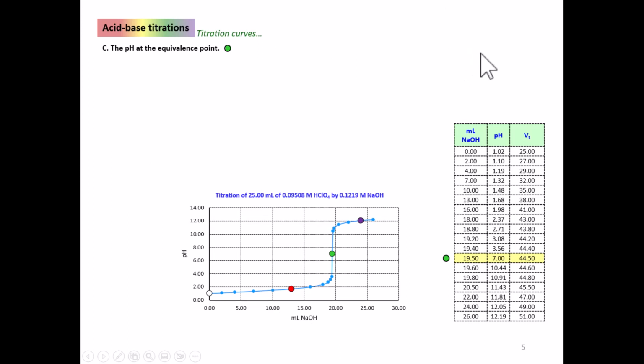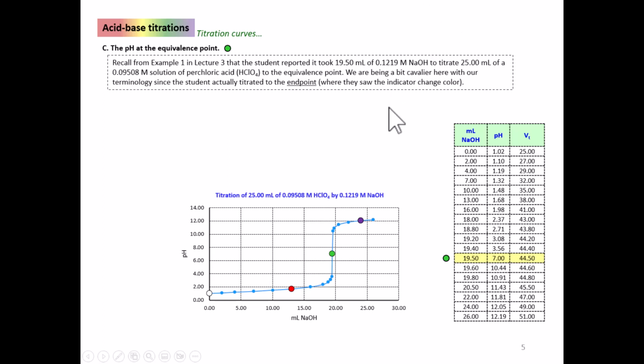Well, now we've reached the third point that we've chosen to highlight, the equivalence point. Yes, we know the pH is 7. Let's look at this in a little more detail. You recall that this example, which was covered in lecture 3, example 1, took 19.5 milliliters to reach the equivalence point. I just want to point out that sometimes we've been a little cavalier with our terminology.